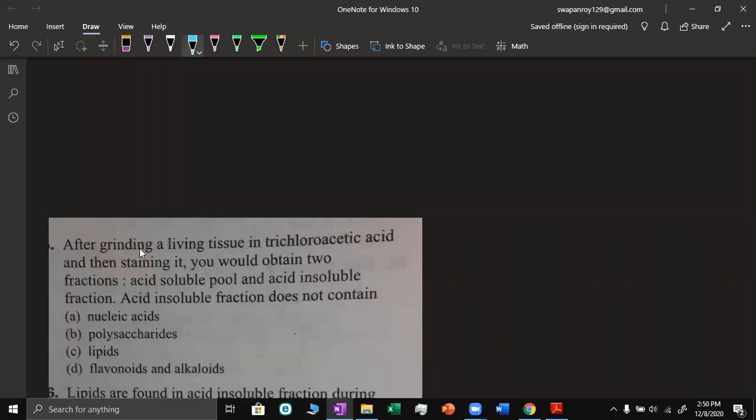After grinding a living tissue in trichloroacetic acid and then straining it, you would obtain two fractions, acid soluble pool and acid insoluble fraction. Acid insoluble fraction does not contain nucleic acid, polysaccharides, lipid, flavonoid, and alkaloids.